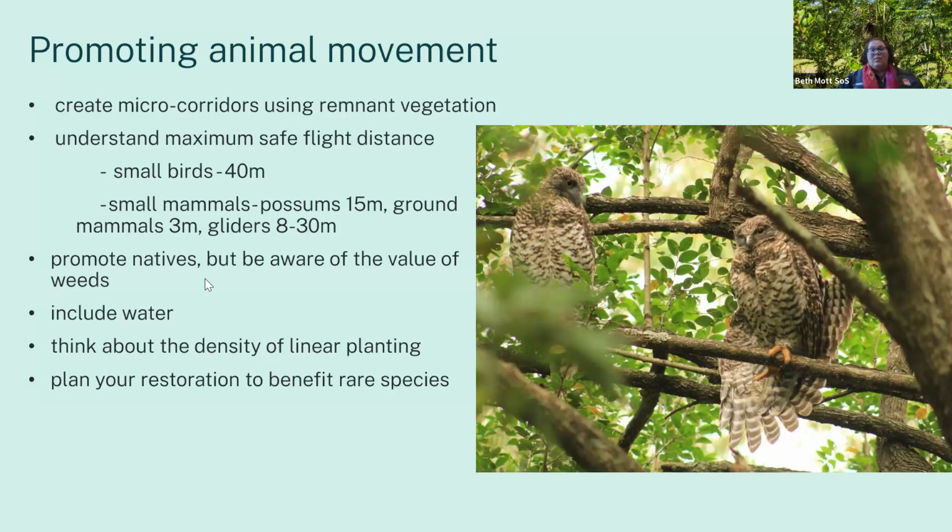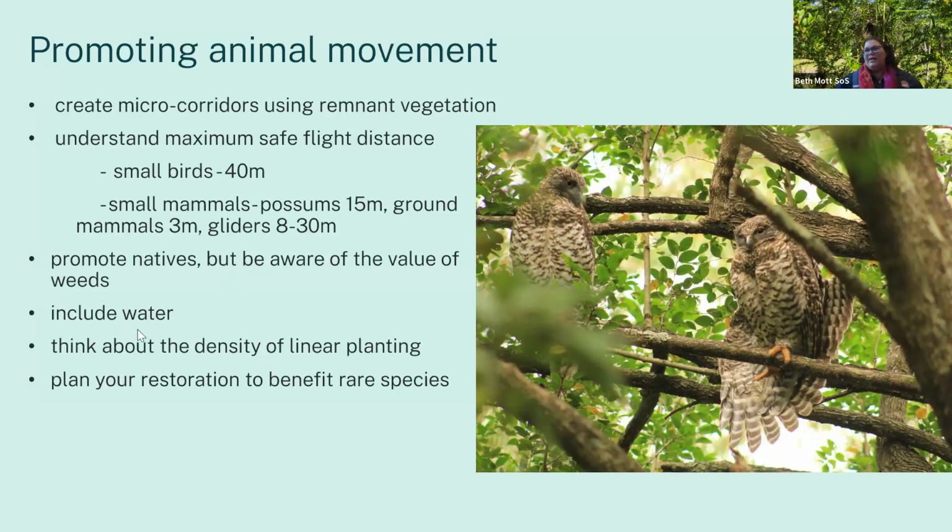So when we take weeds out, we try to do it in a mosaic, that leaves some weed behind and takes some away, and gradually you incrementally work on your weeds over time. And that allows your fauna to still utilize those weed patches whilst the native restored stuff is growing up behind that weedy removal.